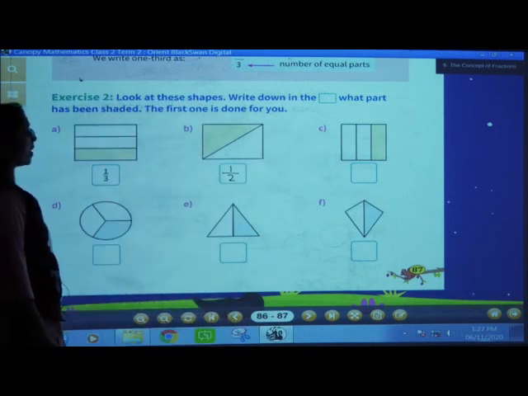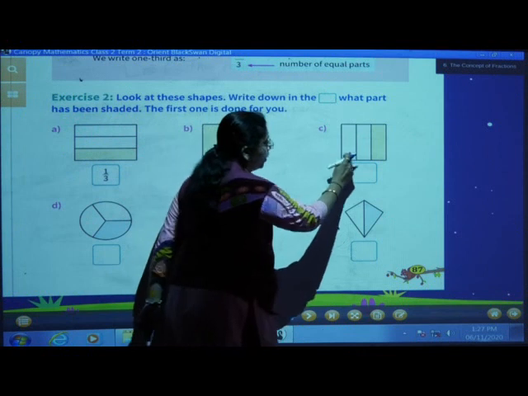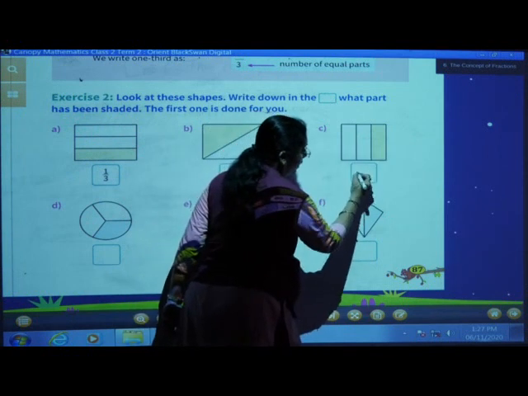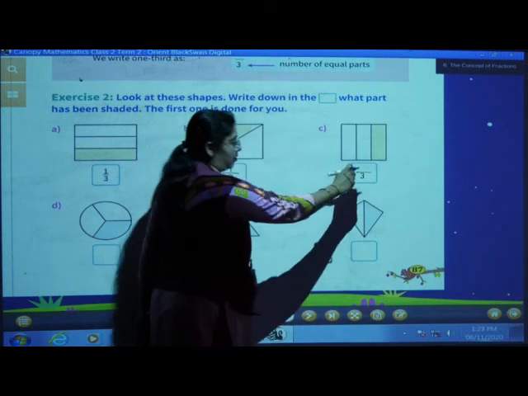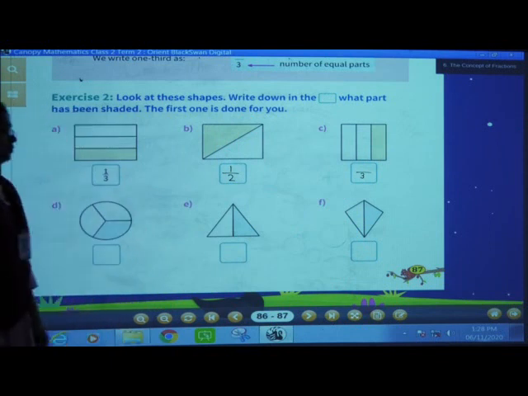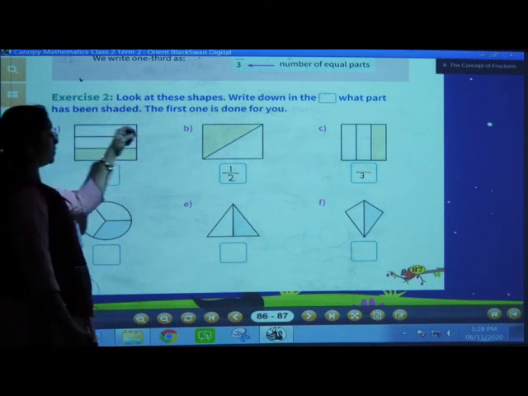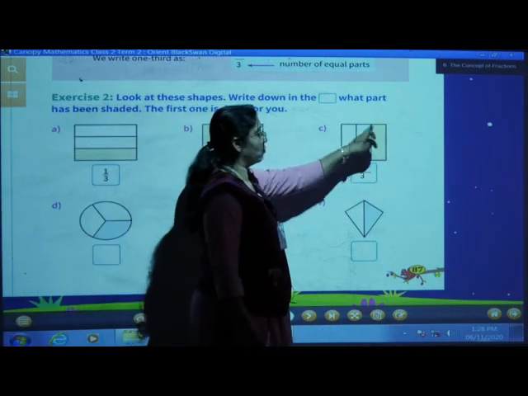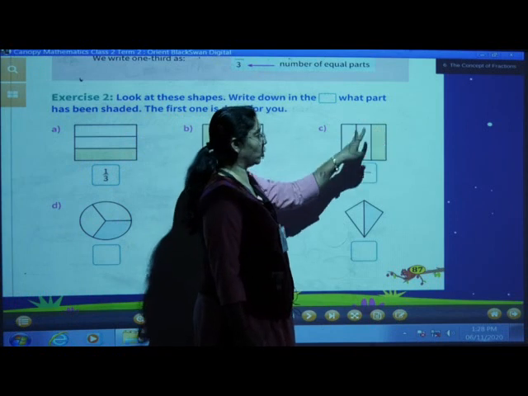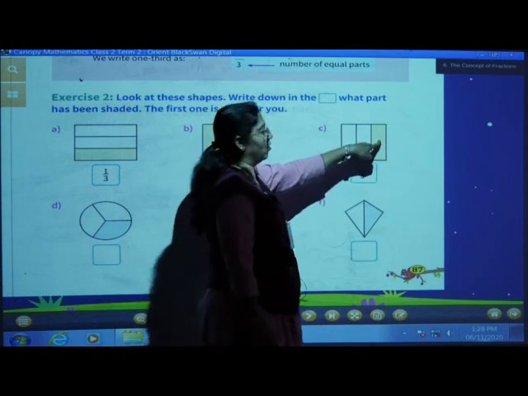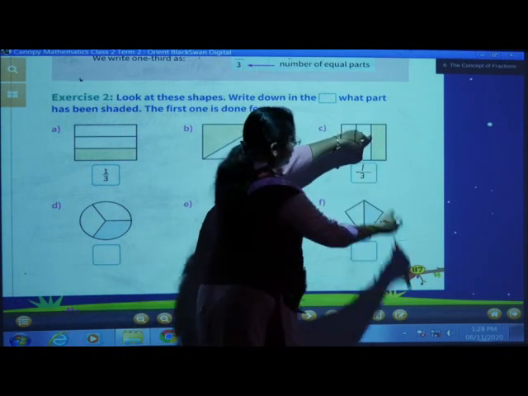Now C number. How many equal parts? 1, 2, 3. So write down 3 downside. And what part has been shaded? 1, 2 or 3? 1. So 1 right here.